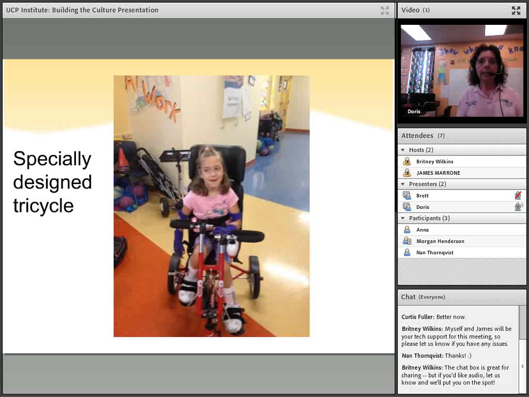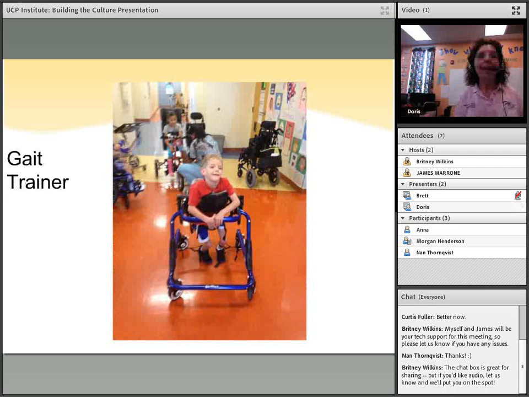And the next slide is a gait trainer, I think. Yes, a gait trainer. A gait trainer is slightly different than a walker. As you notice, his feet are tied so that they don't cross as he's walking, but it gives him a little bit more freedom, a little bit more independence in this apparatus.